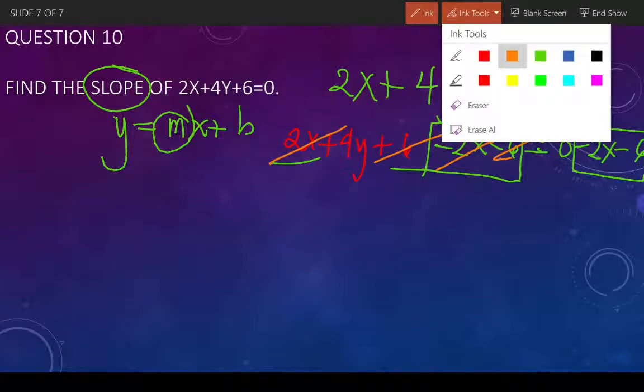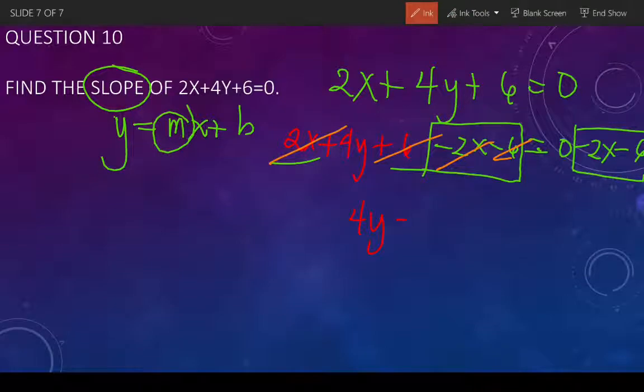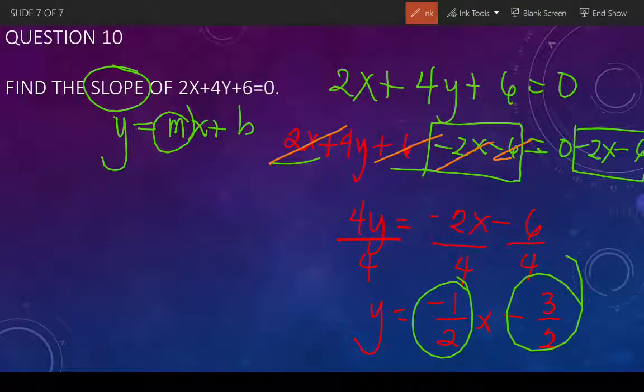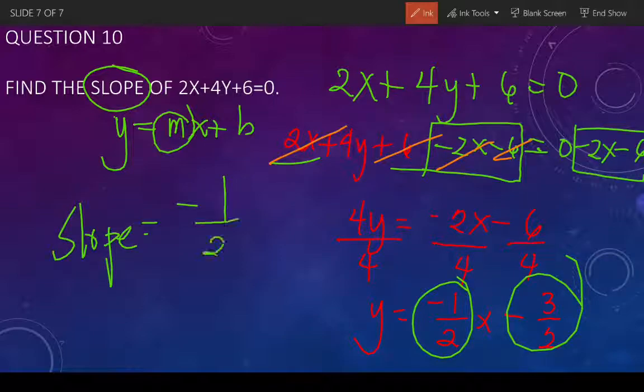Okay? So, we'll have 4y is equal to negative 2x minus 6 over 4, all the terms. So, we will have y is equal to negative 1/2 x minus 3 over 2. So, our slope is negative 1/2 and our y-intercept is negative 3 over 2. So, slope is equal to negative 1/2.